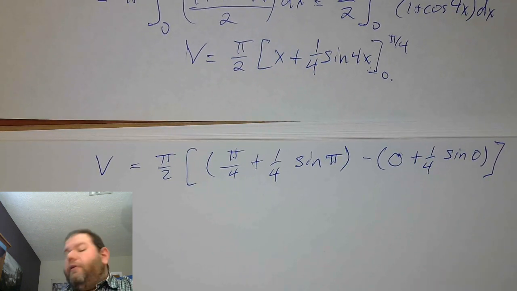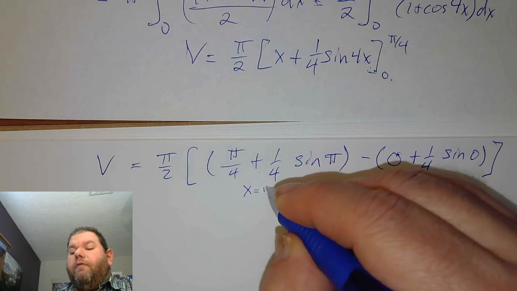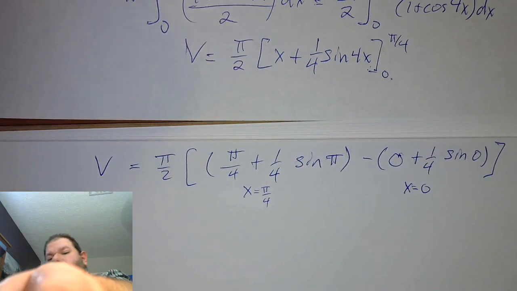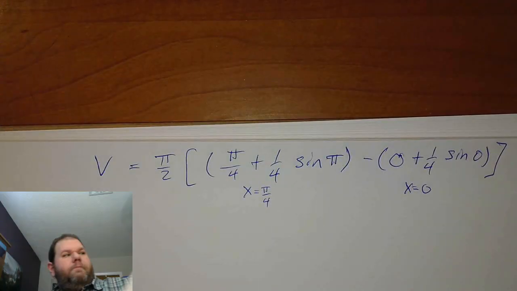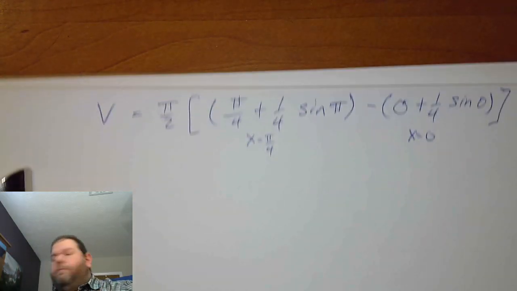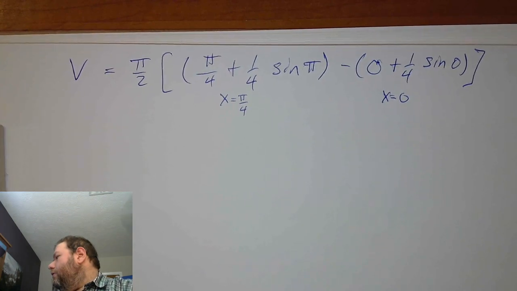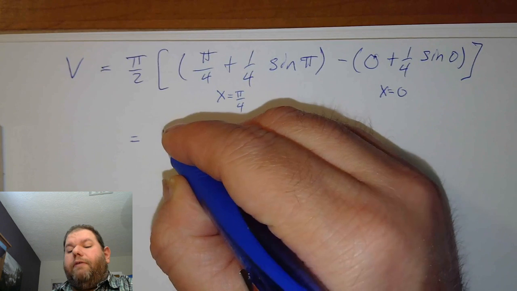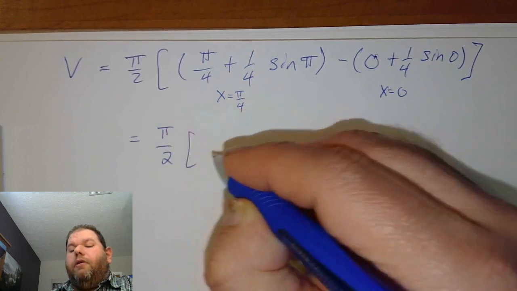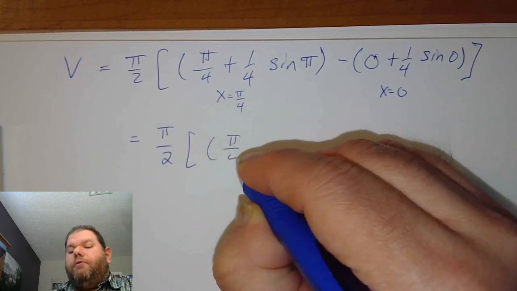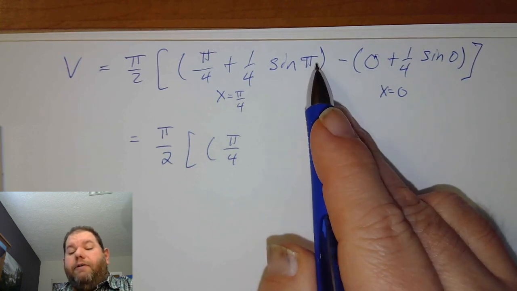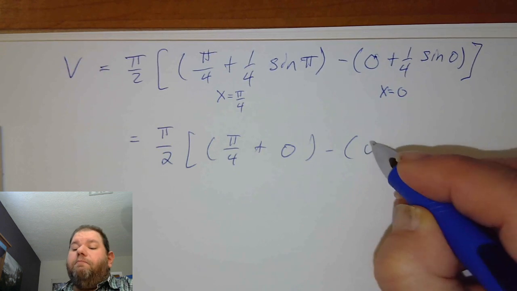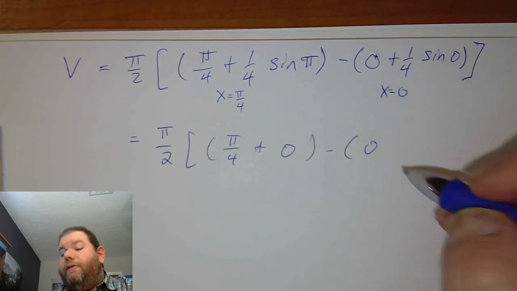Okay, so here we plugged in x equals pi over 4, and here we plugged in x equals 0. In this case, working out these different values, we end up with pi over 4. Sine of pi is 0, and sine of 0 is 0.